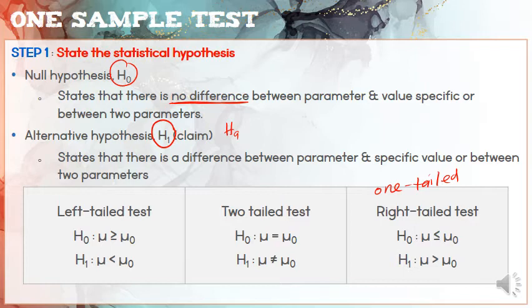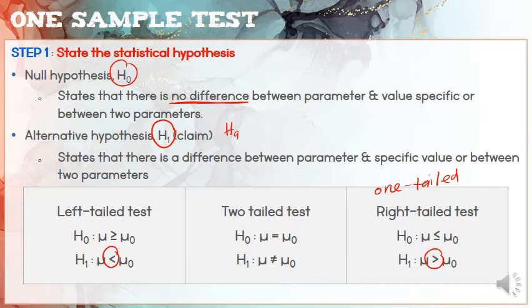Apa maksud saya one-sided? Claim dia less than or greater than. Contoh, dia kata kalau you study 8 hours per day, your marks will be greater than 90%. Dia claim kalau you study 8 jam sehari, markah you lebih besar daripada 90%. So dia one-sided.